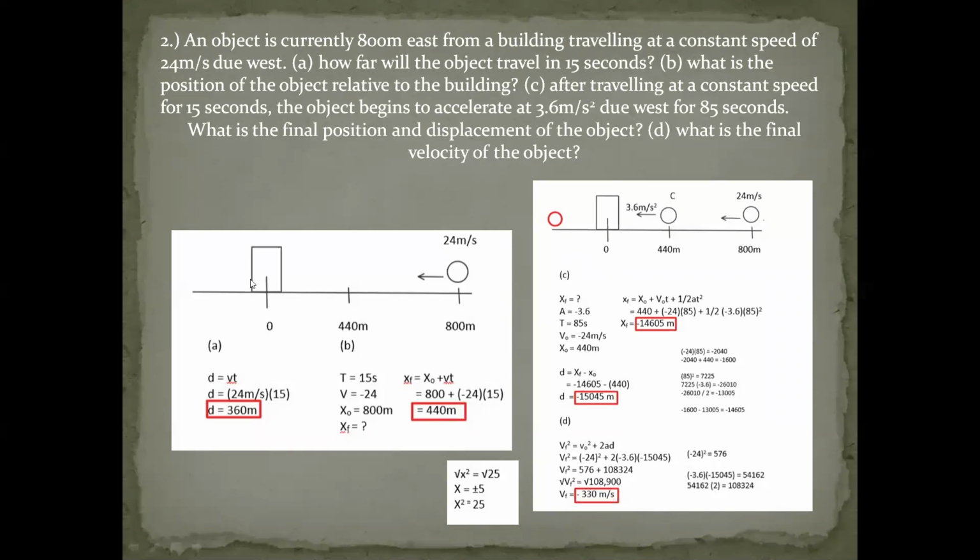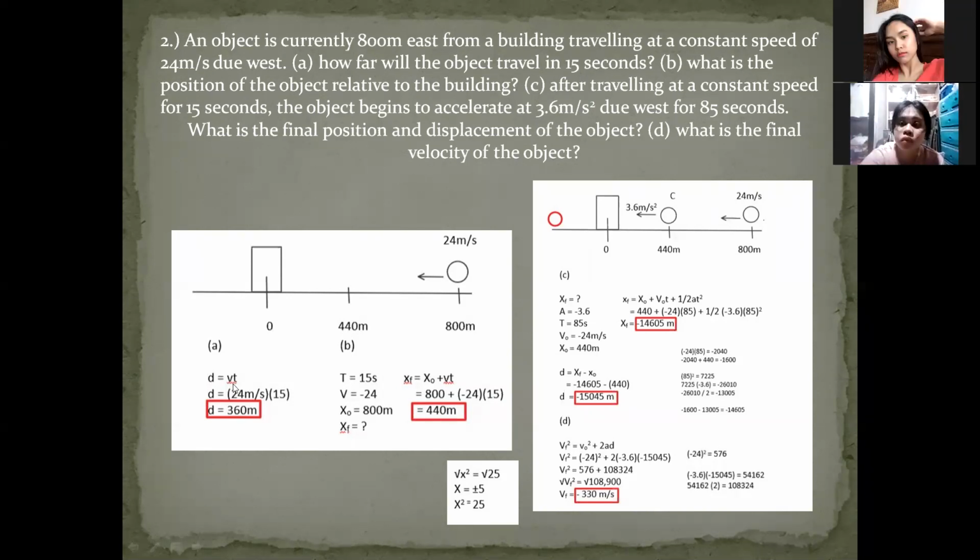So let me explain this illustration. This is the building, and this is the object at 800 meters traveling at 24 meters per second. Okay, so we're gonna find out how far will the object travel in 15 seconds, right? So we're gonna use this formula for distance.